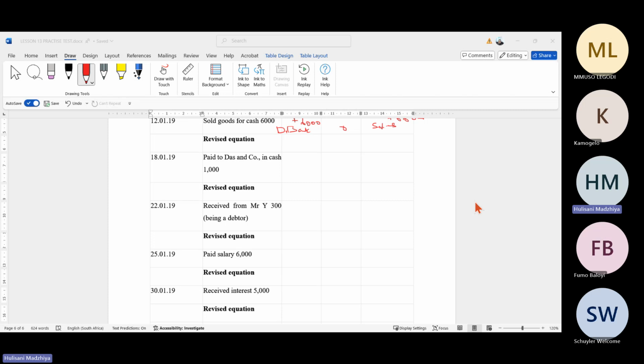Okay, if there are no questions, someone is asking if there are activities in the textbook. Normally on this question, there are no activities in the textbook, if I remember correctly, but I think there might be a few things.